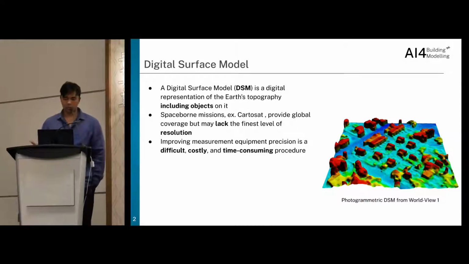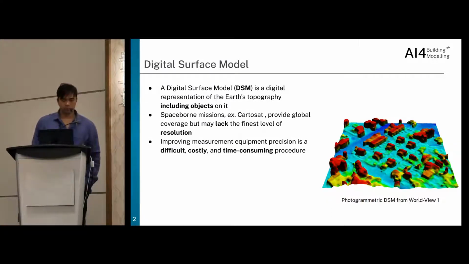But there's also another example, like the spaceborne mission TanDEM-X, which provides global coverage but lacks the finest level of resolution, which in different applications can be very important, like urban reconstruction, for example.